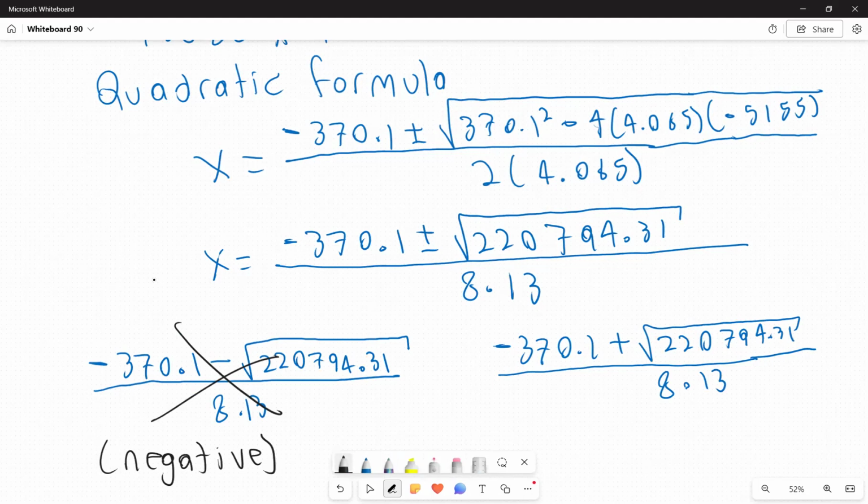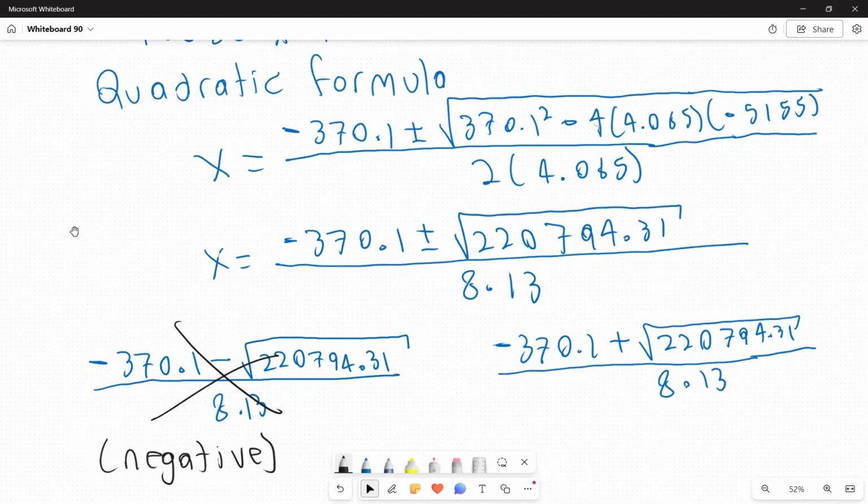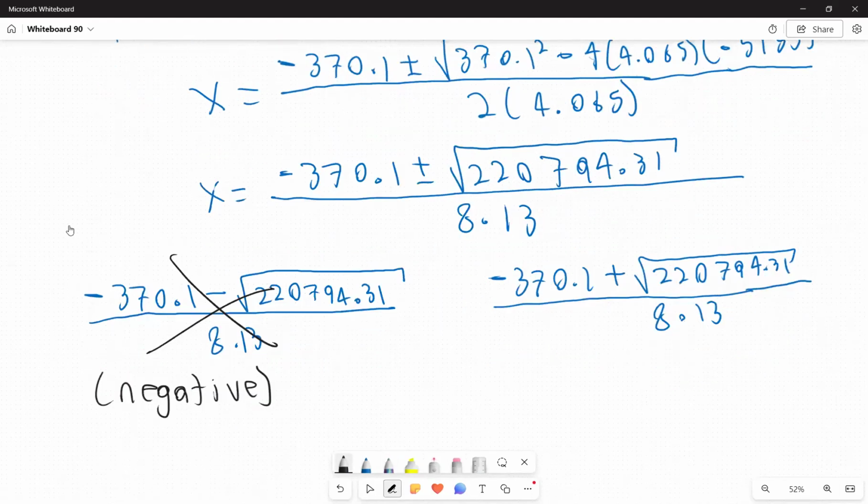We're just going to approximate, to one decimal place, the one on the right.